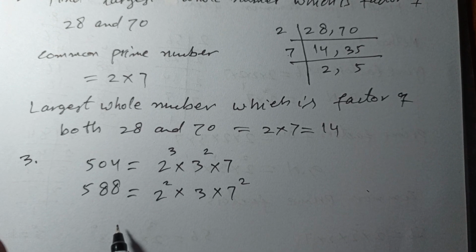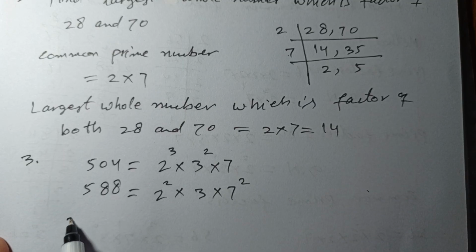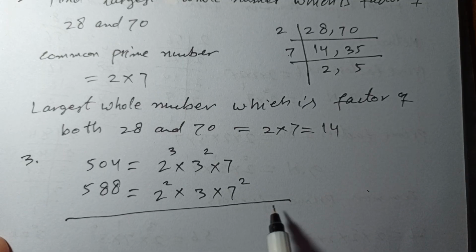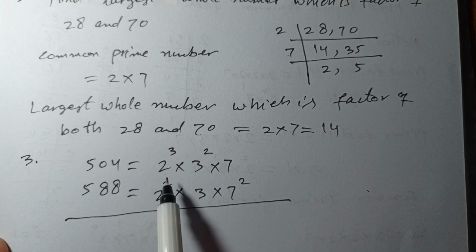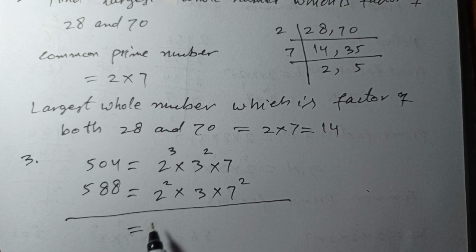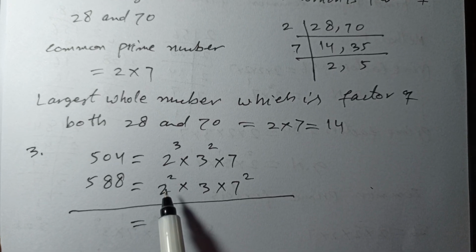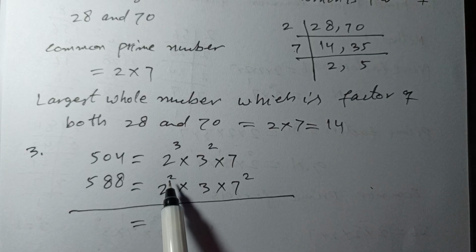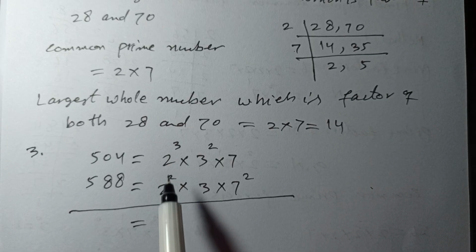Now to find its highest common factor HCF or greatest whole number, you will look for the lowest power of the common factors. Here 2 is common, and its lower exponent is 2, not 3.